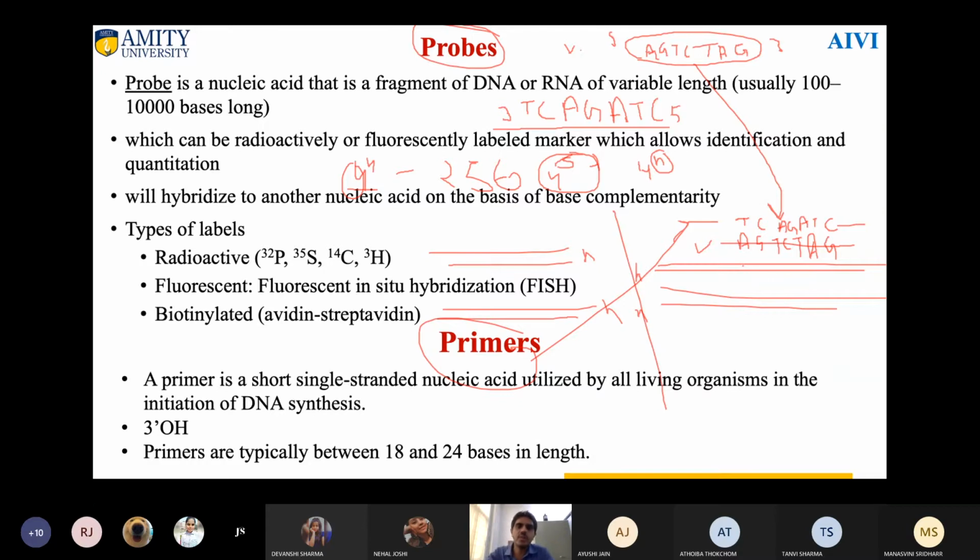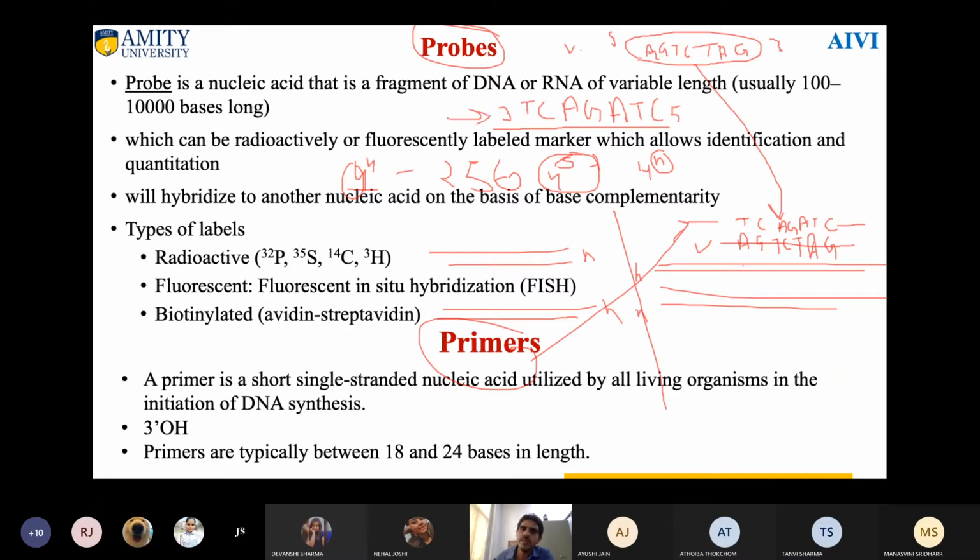Okay, so what to do? Labeling is done mainly by three different ways. One is the radioactive. Radioactive means any atom that is of a radioactive nature. Radioactive substances are those which spontaneously emit radiation. Non-radioactive substances do not emit radiation.